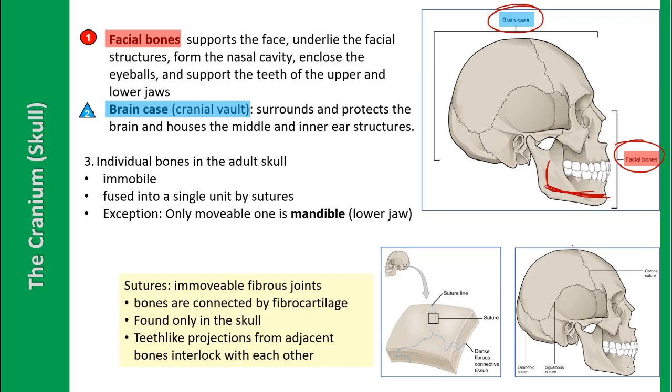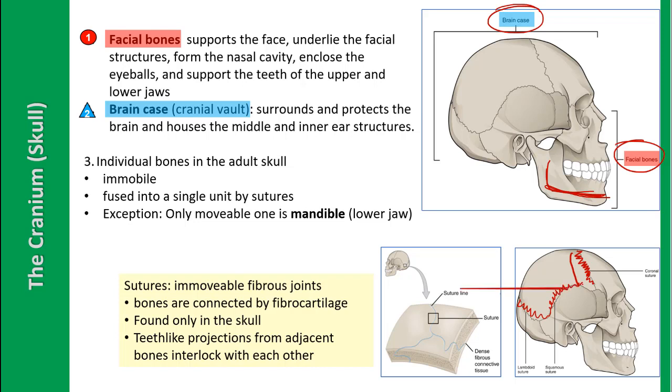If you look at the fusion line between any two bones in the skull, you can see it's got a suture, right? A suture is like a sewing stitch. And what you can see in the suture is that the suture line isn't straight. You can see that the suture line is a little bit jagged, a little bit crooked.